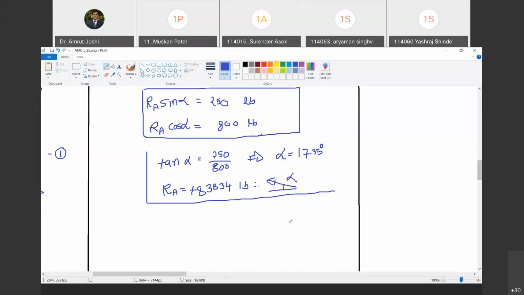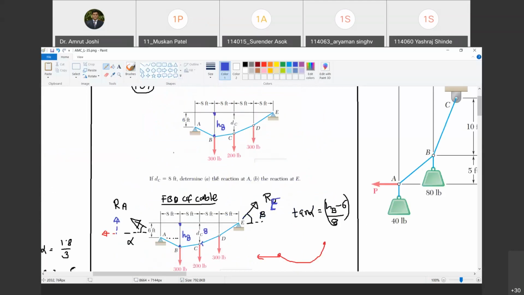Do you agree with me? Yes, sir. So have we determined reaction at A? Yes. Now how do we determine reaction at E?